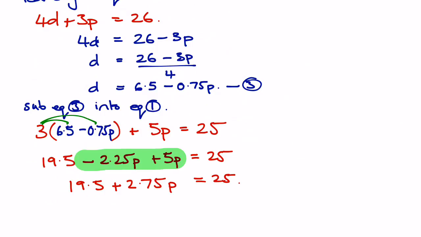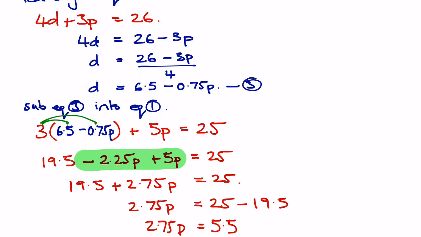So that's our linear equation there that we want to solve, and we want to get rid of our plus 19.5 by subtracting it from both sides. So that will leave us with 2.75P is equal to 25 take 19.5, which will leave us with 5.5 is equal to 2.75P.